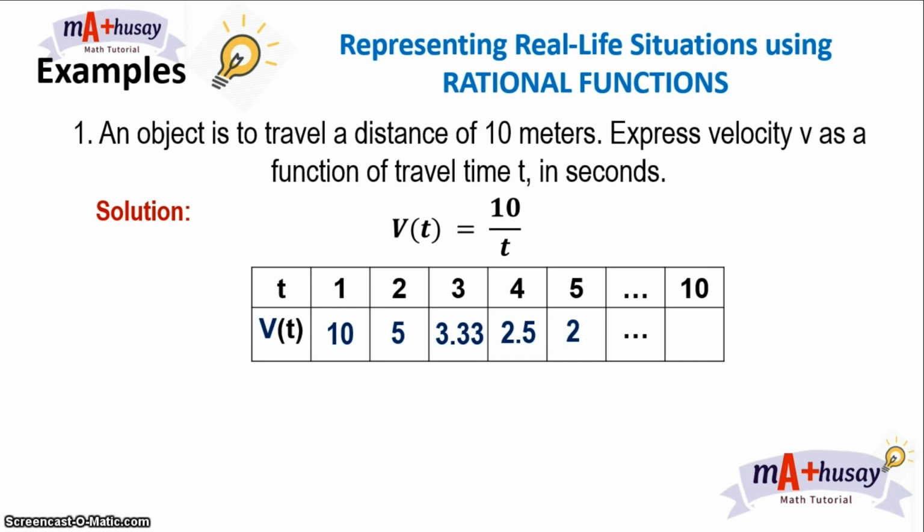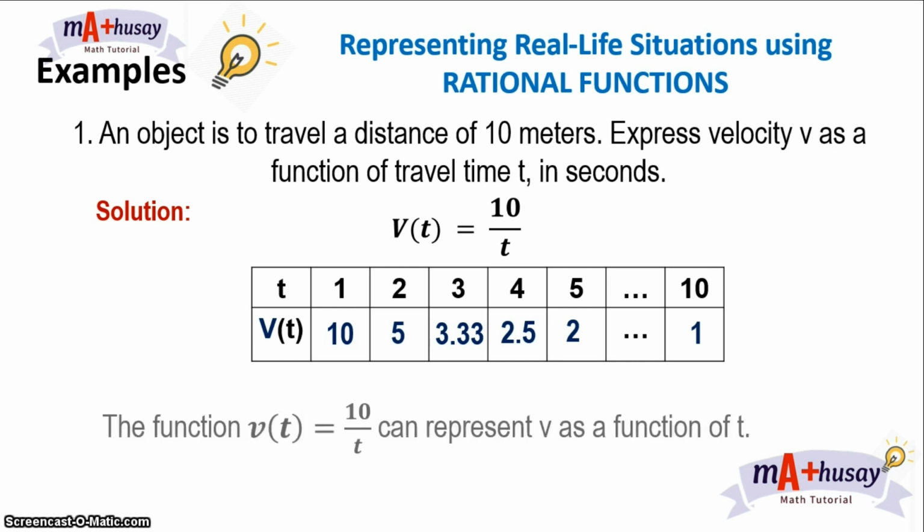And kung i-compute natin till 10 seconds, so when t is 10, the velocity rather should be 1 meter per second. Ang situation na ito ay pwede nating i-represent gamit ang function na v of t equals 10 over t. Ang function na ito ay isang rational function.